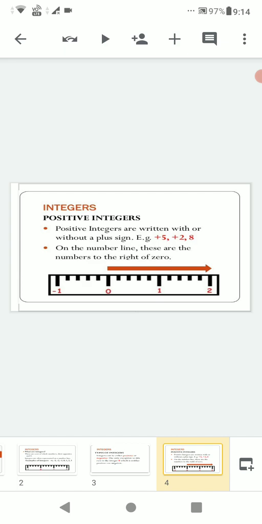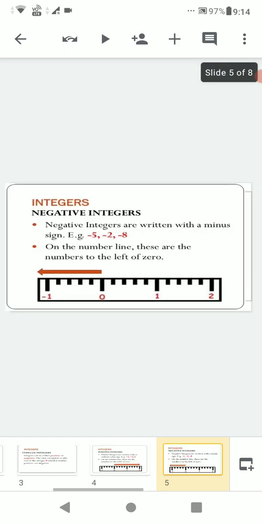So the red line is indicating towards the right of 0, where we take positive integers, like 1, 2. Then negative integers are written with a minus sign, that is -5, -2, -8 on the number line.